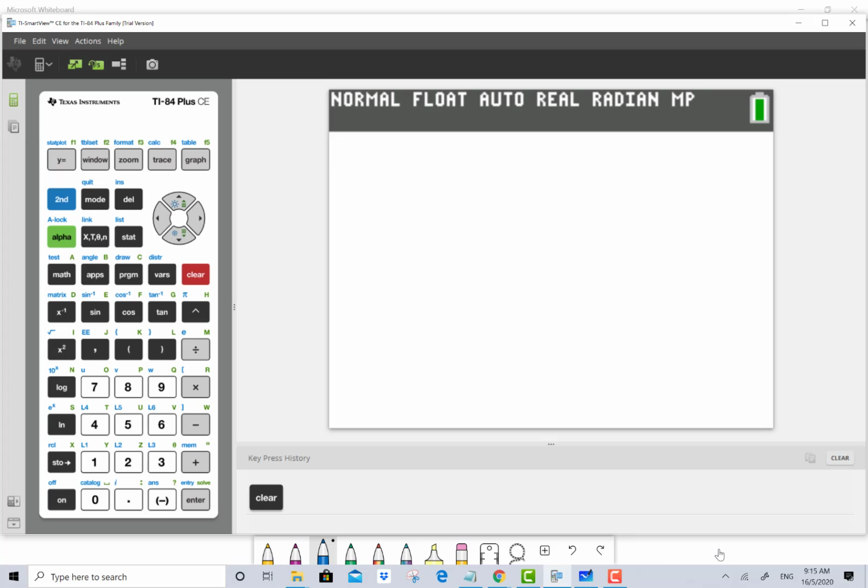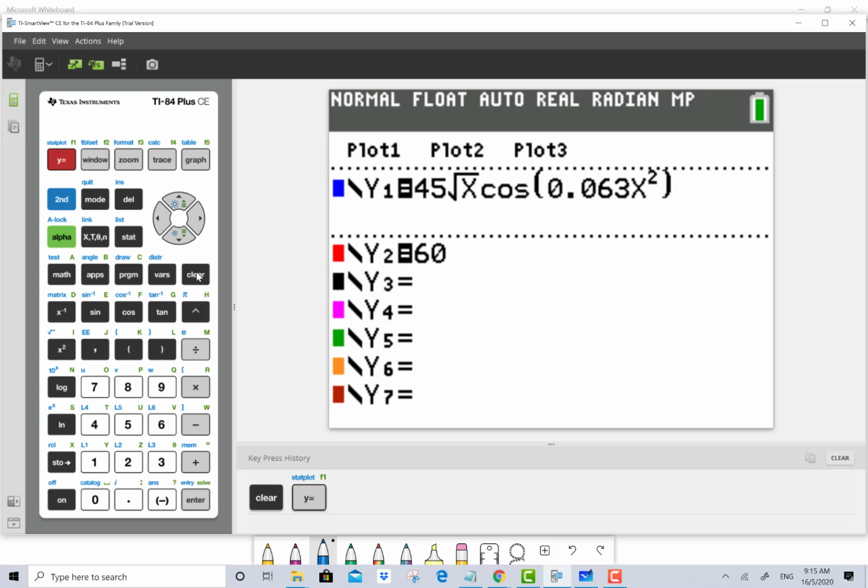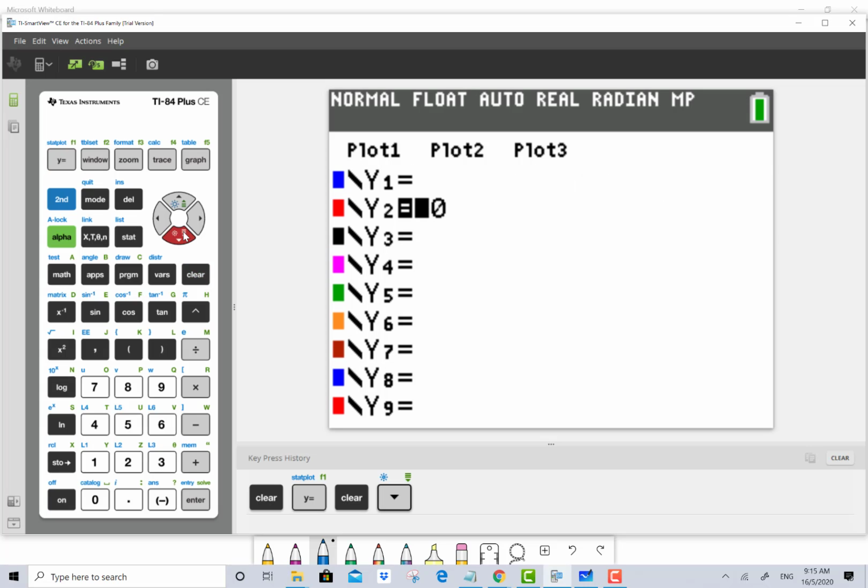So the first thing we're going to look at, the TI-84 calculator, if you can see, we're going to enter this equation in the TI-84 calculator. So the easiest way to do this, we're going to hit Y equals, let me clear out my calculator right here.